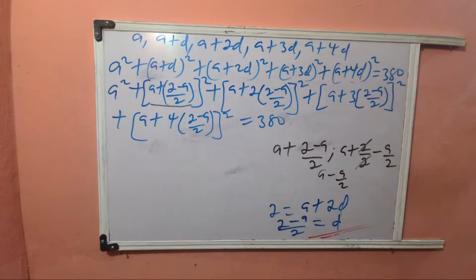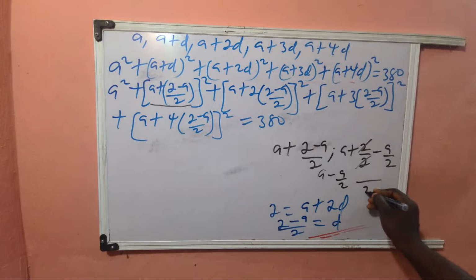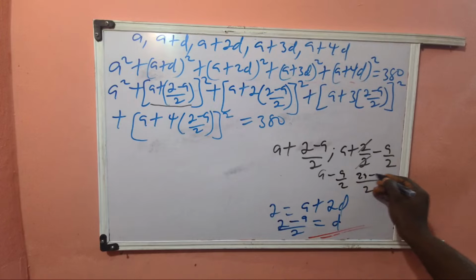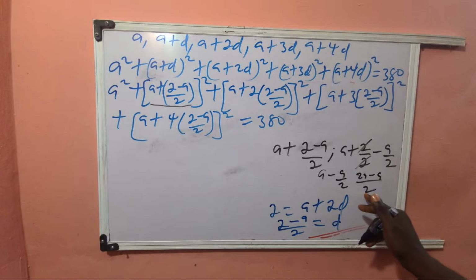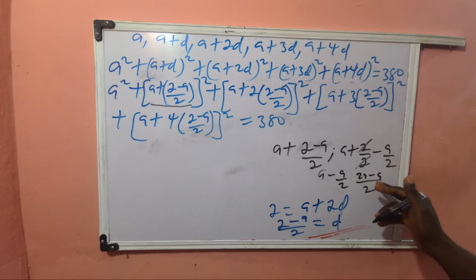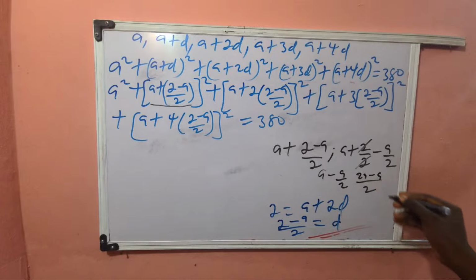So we go on to find the LCM there. That will be 2a minus a, and that will be a over 2.